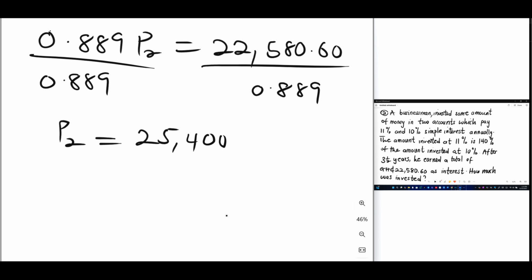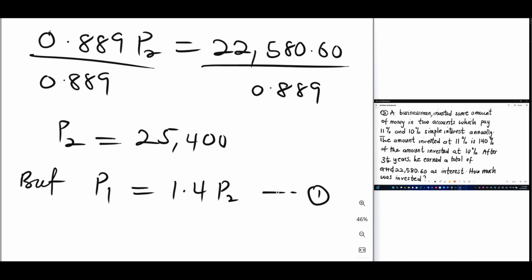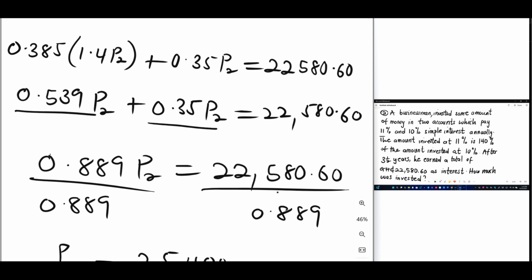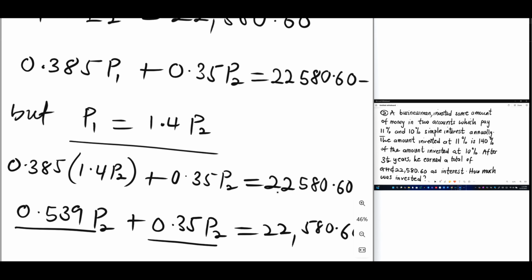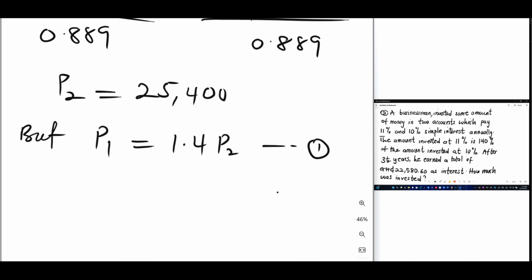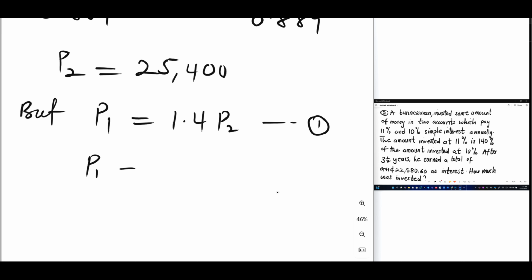So we now need to find the value of P1. We have our P1 to be equal to 1.4 P2. That is the first equation that we had. So now you can replace it. Our P1 will be equal to 1.4 multiplying the value of P2, which is 25,400.